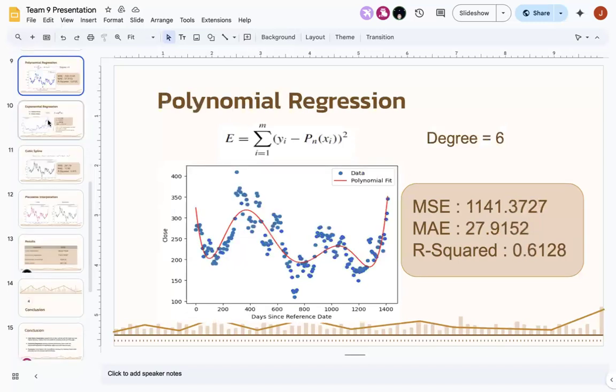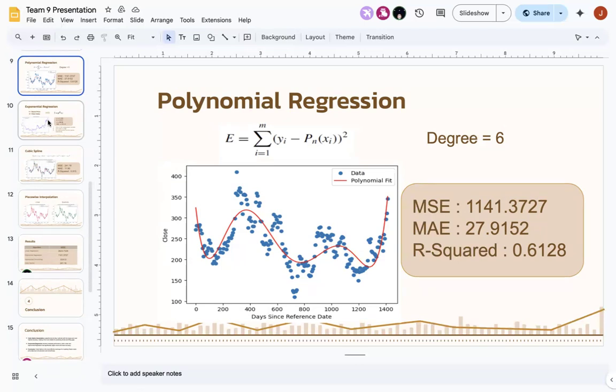The second algorithm that we implemented was the polynomial regression. As we can see, the data seems like a curve, the blue points. When we implemented the polynomial regression algorithm, we now have the red line.